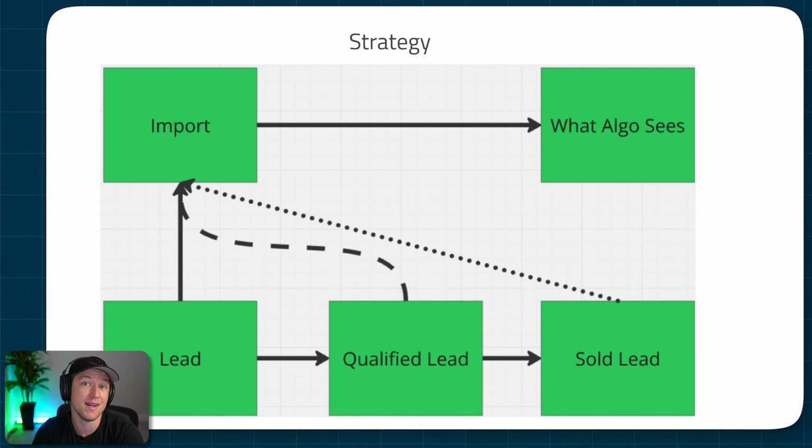Now, 25% is not that much. Ideally, it should be like 80 to 90%. But with that being said, it's the leap between lead to qualified lead that's the most important process that I see in most accounts, because this is the earliest stage and where most accounts are sort of in between. And so what this means is that we want to make sure that the algorithm is able to capture and leverage the data, and we have a smooth transition from one stage to the next. We're not just going to jump from lead to qualified lead immediately.